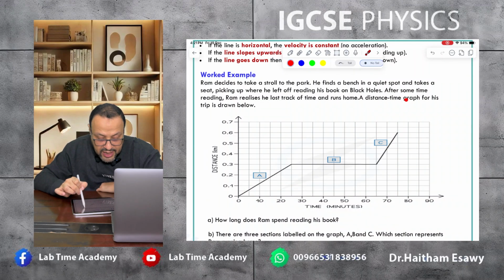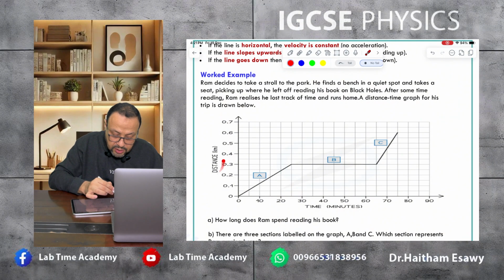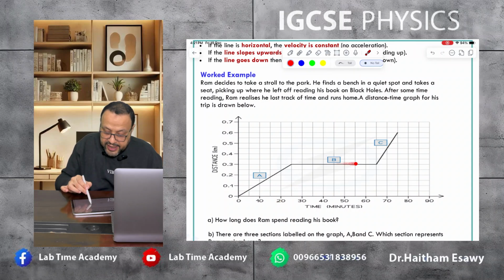A distance time graph for this trip is drawn below, as you see. Here we have distance in kilometer on the y-axis, and time in minutes on the x-axis. I can divide the graph into 3 stages: A, and then B, and then C.